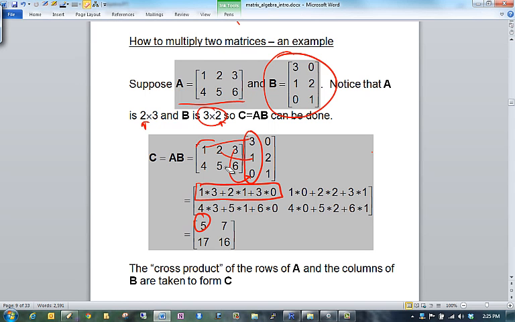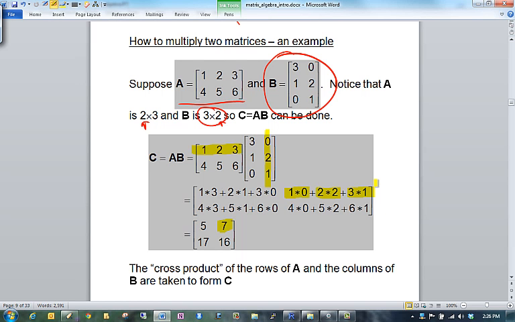Let's look at one more example to make sure it's clear. Let's actually use some highlighters. So now let's look at how I get this 7 here. This results from taking the first row of A and doing a cross product with the second column of B. So I take 1 times 0 plus 2 times 2 plus 3 times 1, and I get 7.